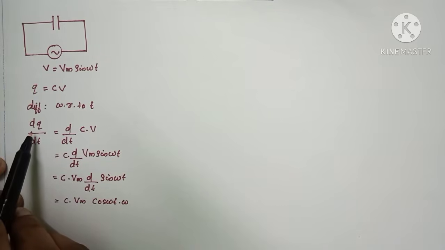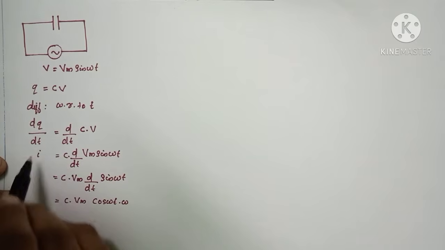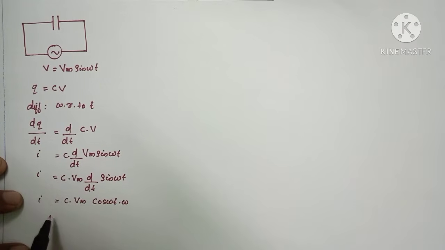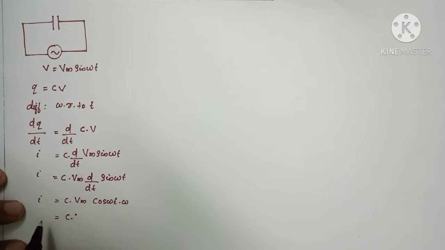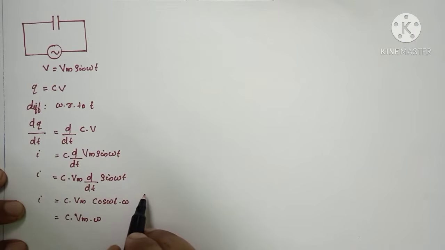So here you can see the charge per unit time is nothing but the instantaneous value of current. So current will be equal to C into Vm into cos omega t into omega, and on rearranging, i is equal to C into Vm omega into cos omega t. Cos omega t can be written as sin omega t plus pi by 2.